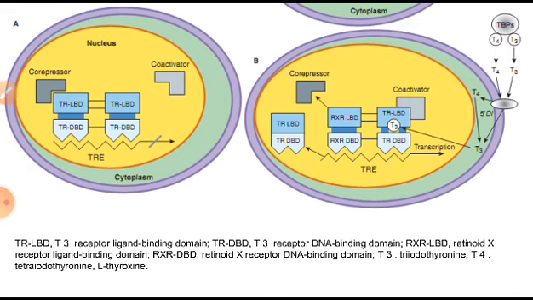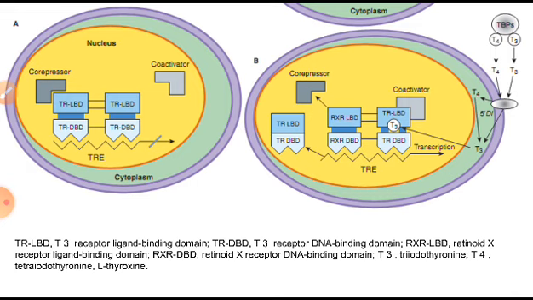In the second diagram, you can see that when T3, T4 has been released from the thyroglobulin or from the thyroid binding proteins, they bring it to the nucleus, and there T3, T4 are released, and this T3 goes in and binds with the ligand binding domain, right?